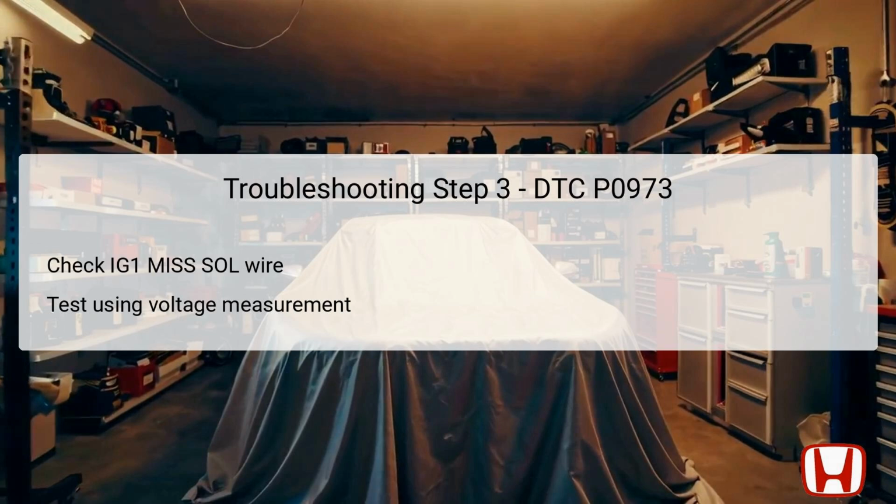These test points are identified as test point 1 and test point 2, located within the PCM connector A51P. If the voltage reading shows battery voltage, then the IG1 MIS-SOL wire is functioning correctly, permitting you to move on to the next troubleshooting step. However, if no voltage is detected, it signals an open circuit in the wiring that must be repaired.